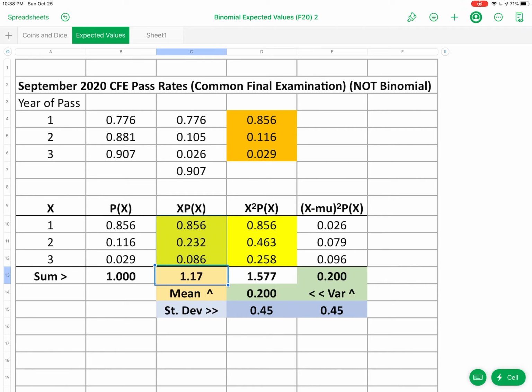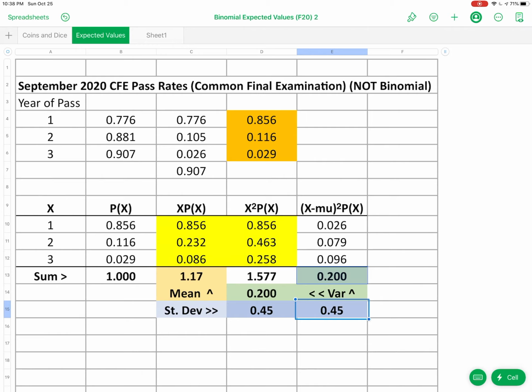It's probably your first year. So the mean is it takes 1.17 years. And then we can calculate a standard deviation using the formula from before. Here's the variance of 0.2, and then take the square root of that, and you'll get the standard deviation of 0.45.